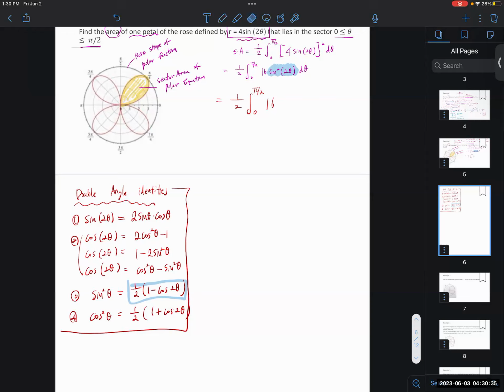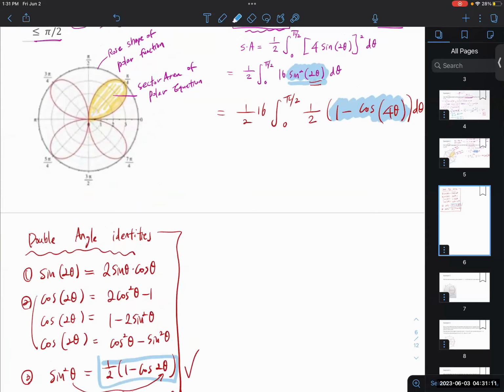Actually, I'm going to bring 16 to the front, times the integral from 0 to pi over 2 of sine squared 2 theta. So this is equal to, what do you think? 1 over 2 times (1 minus cosine, and then you have 2 theta, you're going to double it, so 4 theta). Are you following? And then we take the integral. That's something you need to convert.